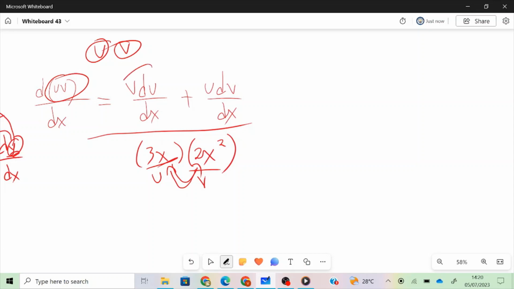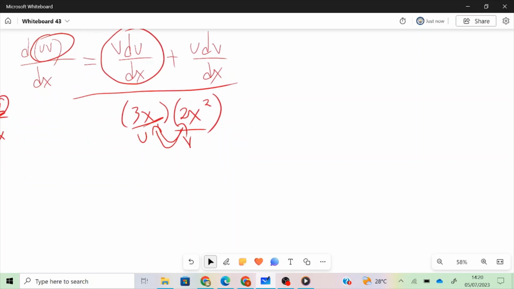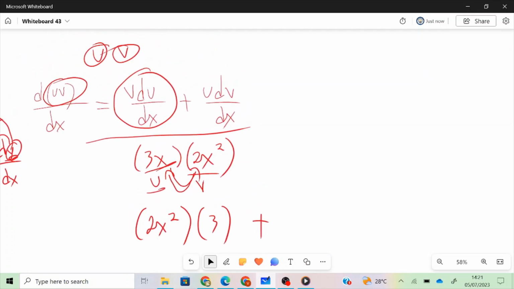As you can see, the first part is v times du/dx, so our v, which is 2x squared, into du/dx, which is differentiating our u; differentiating 3x, you get 3. Then you add the other part, u dv/dx.